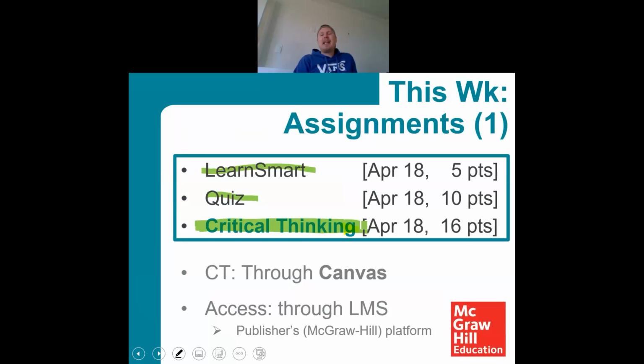So it carries quite a bit of points. I really encourage you to do that because it's not too hard of an assignment, but it requires you to do your own independent thinking. Again, remember, you can use your resources, and one of your resources is me. I am here to help you if you get stuck.